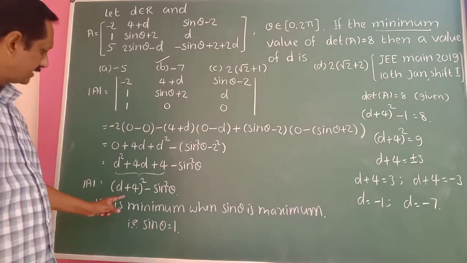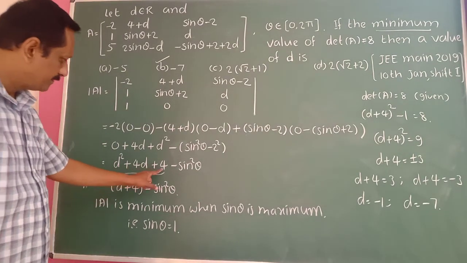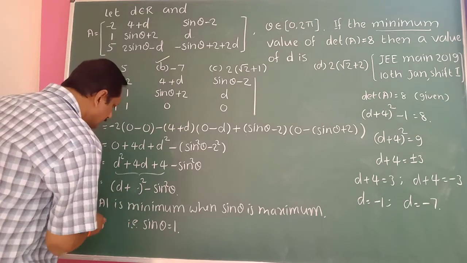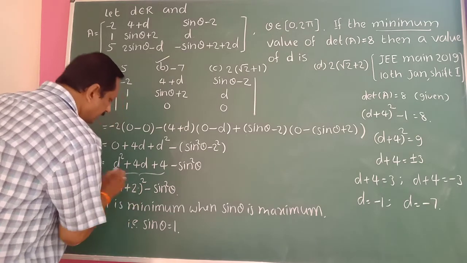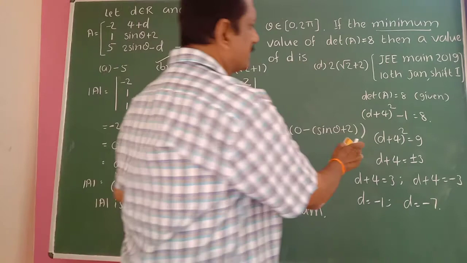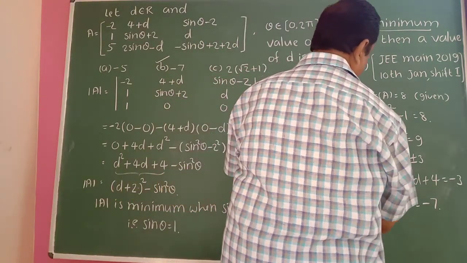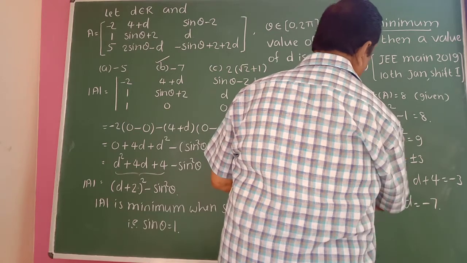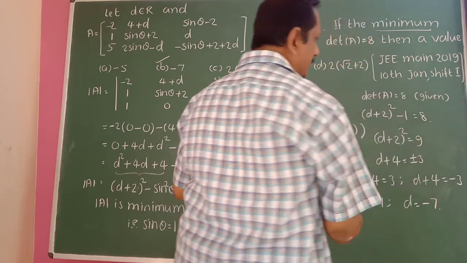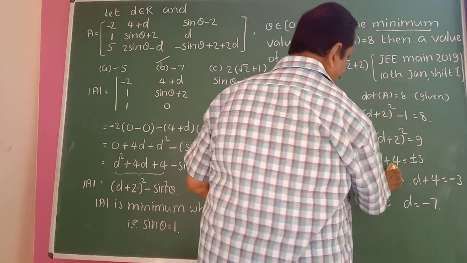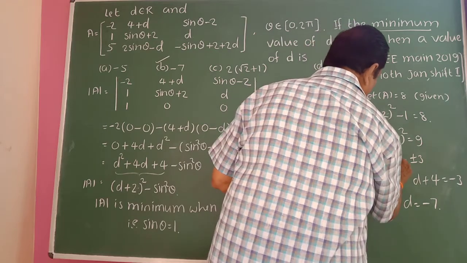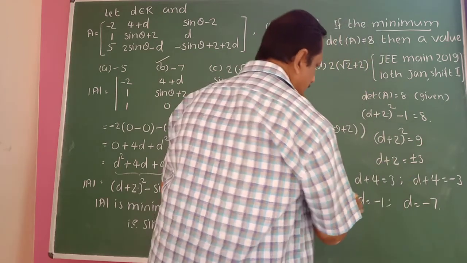So I made a mistake here. Actually, d square plus 4d plus 4 is a d plus 2 whole square here, not d plus 4. Yes, this becomes a d plus 2 whole square. Then take here d plus 2 whole square, take minus on right hand side, it becomes plus 9 here. Therefore, d plus 2 is equal to plus or minus 3 here.